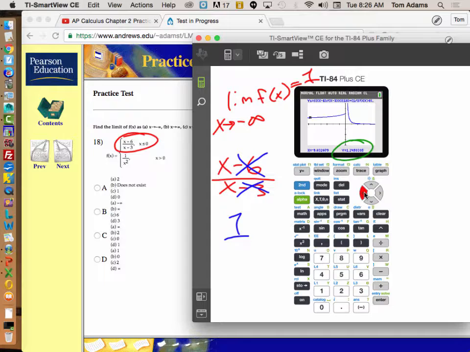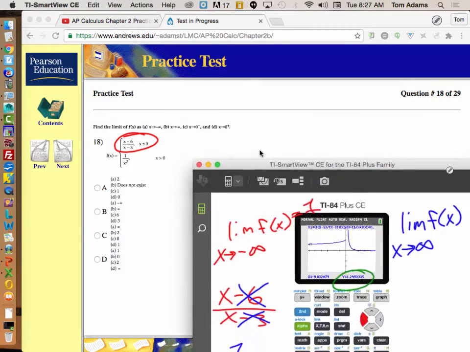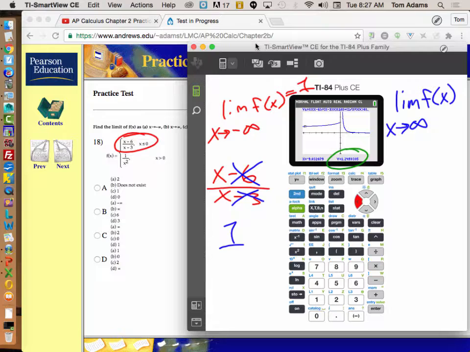Now, as we go towards positive infinity, which is another question that they're asking us, what's the limit of f of x as x approaches positive infinity? Well, same thing. I'm just going to go like this.